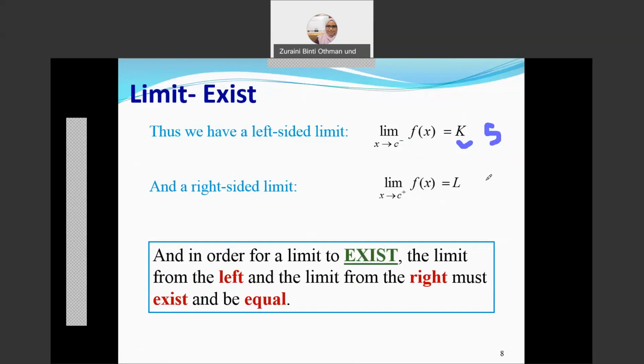Maksudnya dari sebelah kanan pula nilai dia ialah 7. Okay, so now kita nampak daripada sebelah kiri dengan sebelah kanan tu tidak sama. So we can conclude that this type of limit does not exist.